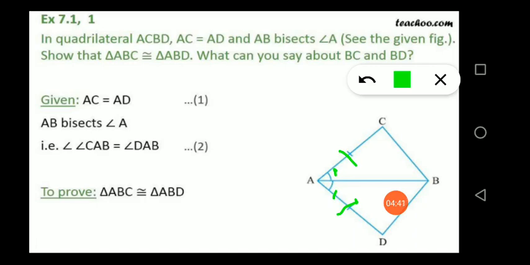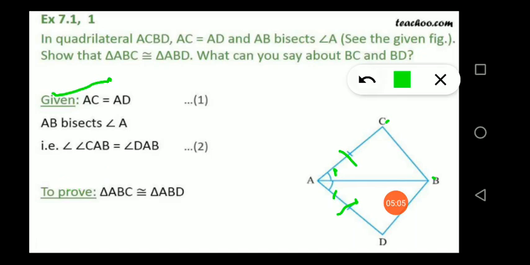We have to show that the above triangle ABC and the below triangle ABD are congruent. As we know the rule, first of all we have to write the given, then we have to write the proof.